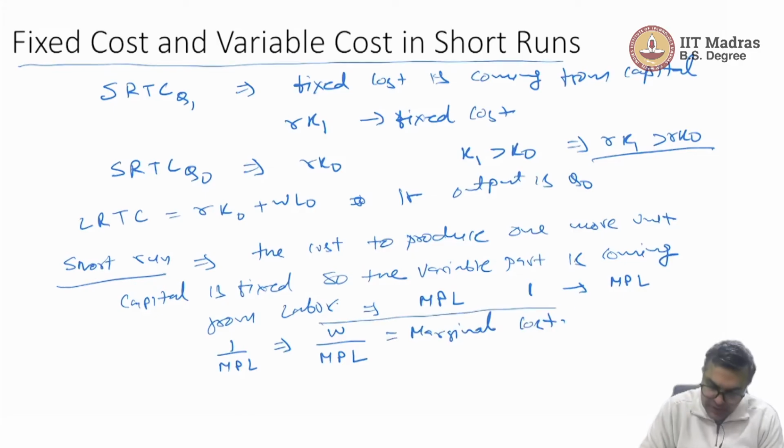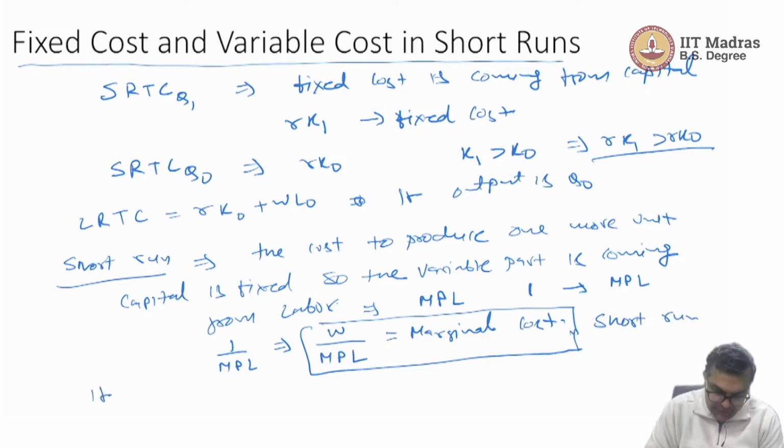This is what we are getting as marginal cost, that is the relation in the short run. Now, in the previous to previous graph we used K3 greater than K2 greater than K1, and in the last graph we used K1 greater than K naught.